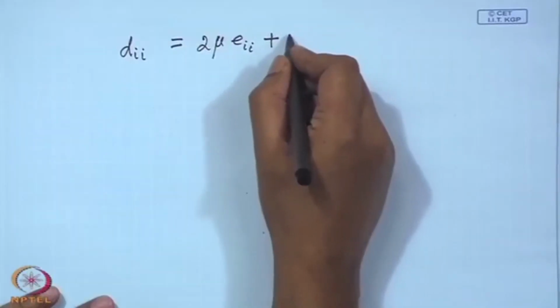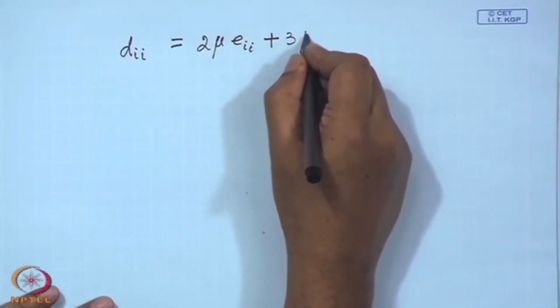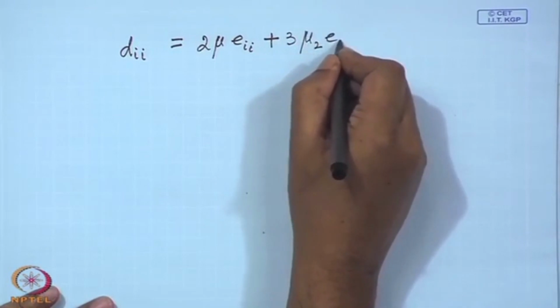What is that sum? 3. So that term becomes 3 mu_2 du_k/dx_k. And du_k/dx_k is the same as E_kk, which we can write as E_ii, so the second term becomes 3 mu_2 E_ii.